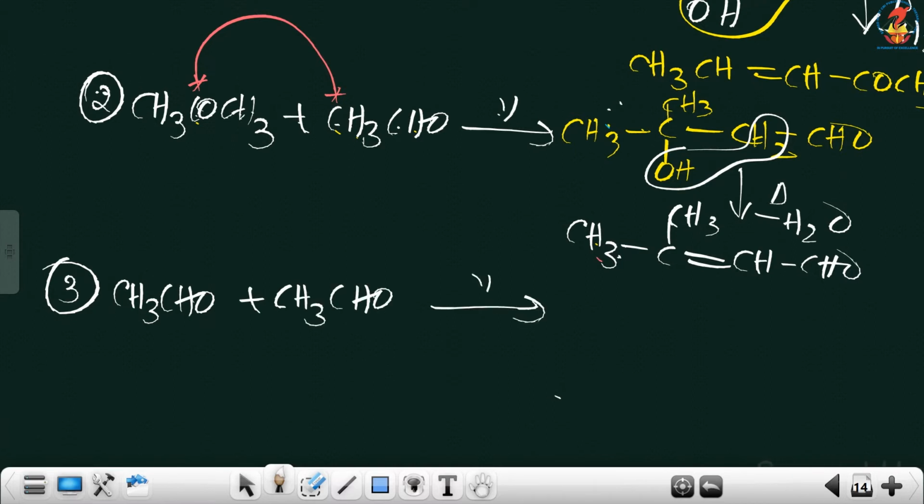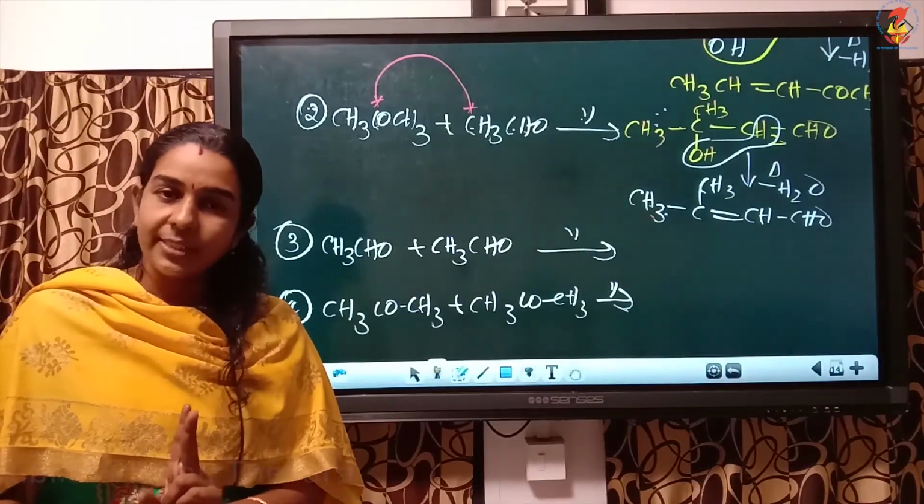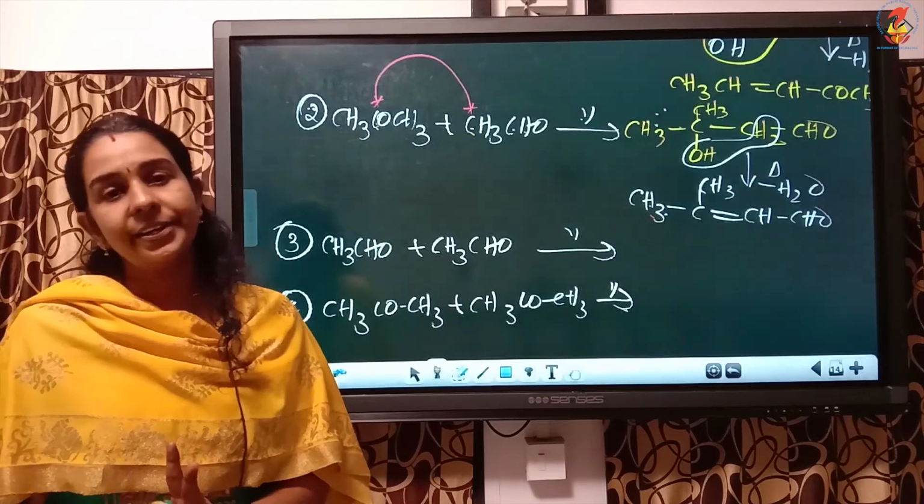We already wrote this equation 2-3 times, now you can write it yourself. And the fourth possibility is 2-propanone itself, which we also already wrote. So in total how many products are we getting? 4 products. What is the condition? 2 different molecules, it is a crossed aldol and both possess alpha hydrogen atoms.